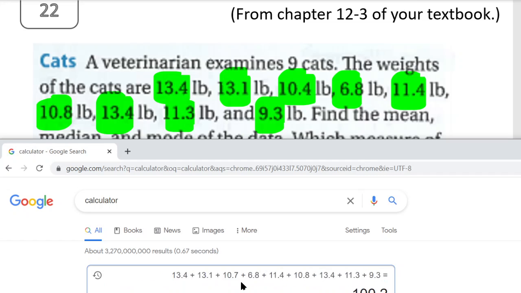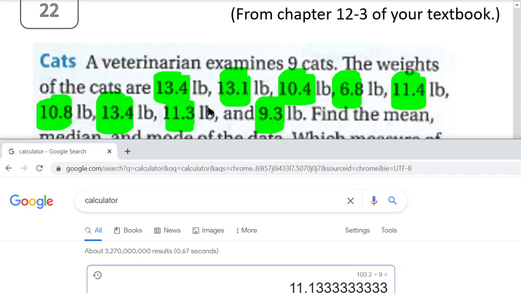Add those together, and that gives us 100.2, and then I'm going to divide that by the number of cats we have. So 9 of them. And that gives me 11.1333 repeating.